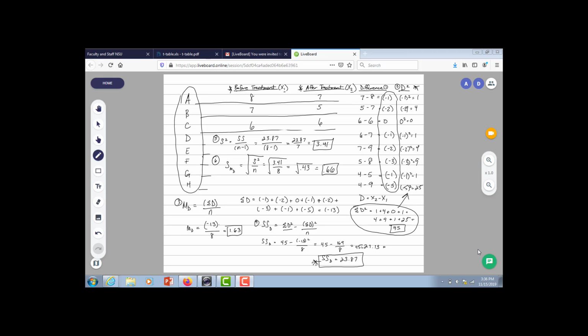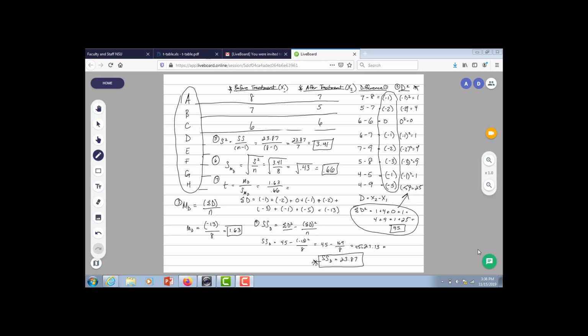Now we are finally at the end, and we are going to calculate the t for this t-related samples design. The statistic for this particular test is mean difference over standard error of the mean difference. So we will take 1.63, which is our mean difference. It's the mean difference across the dependent variable as it pertains to the participants, over the standard error of the mean difference, which is 0.66.